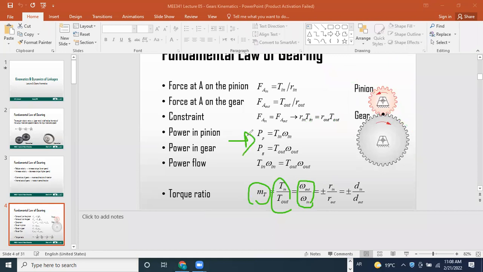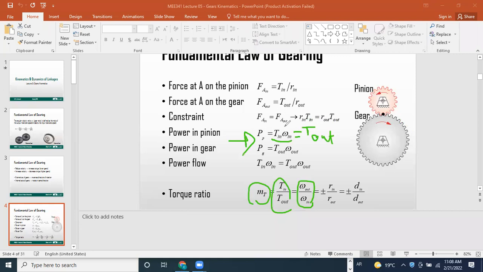So you have the same value of power transmitted. So we can say that T_in omega_in should be equal to T_out omega_out. We know that power is torque times angular velocity.